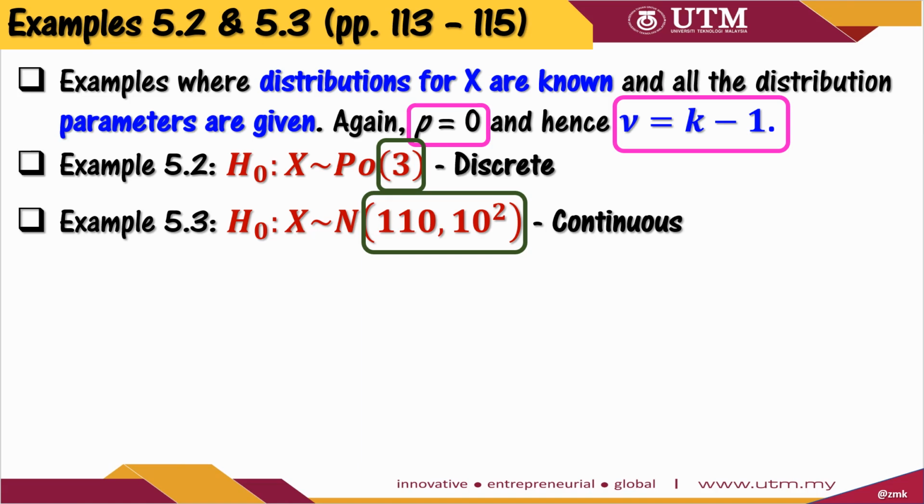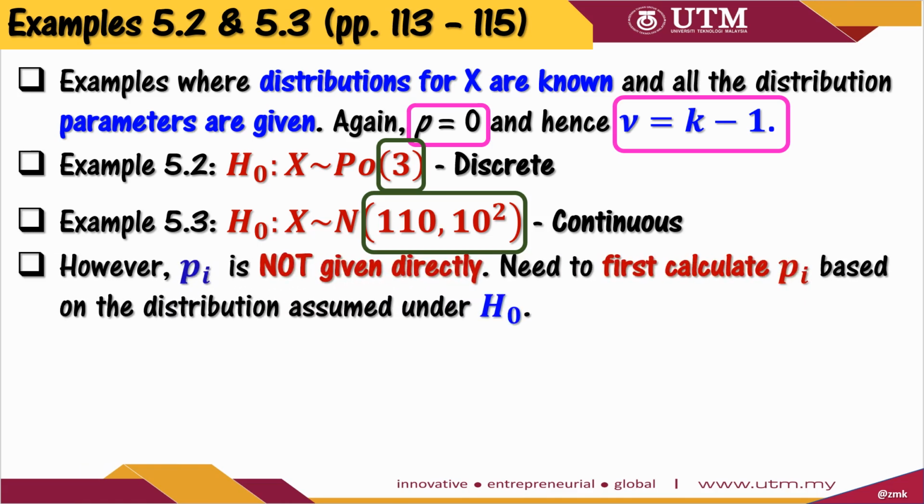Please note that in these two examples, the Pi values are not given directly. So, before you can calculate the expected values Ei and hence the chi-square test statistic value, you must first calculate the values of Pi based on the distribution assumed under H0. Therefore, please recall the skills you have learned in Chapter 1 when dealing with Poisson and normal random variables.